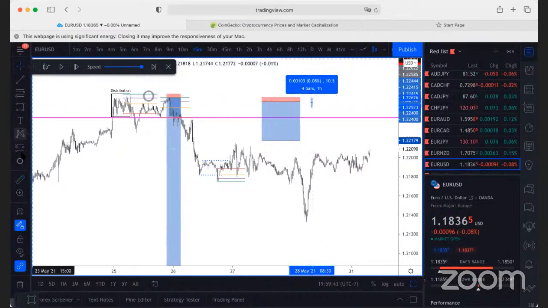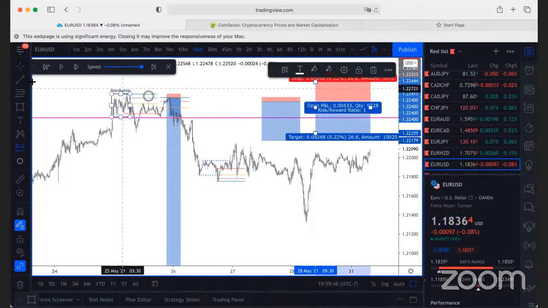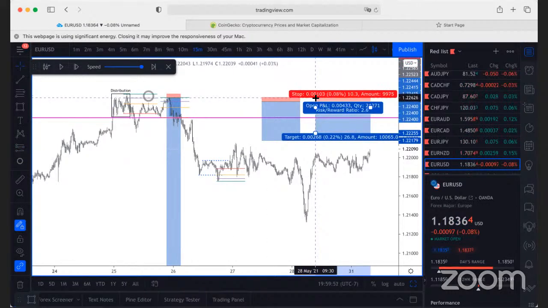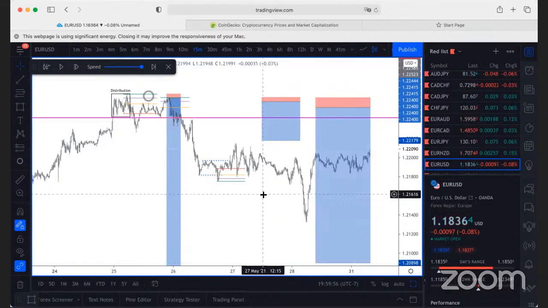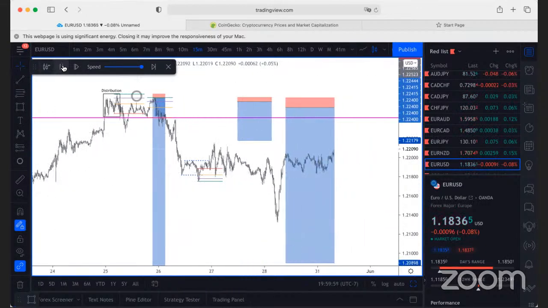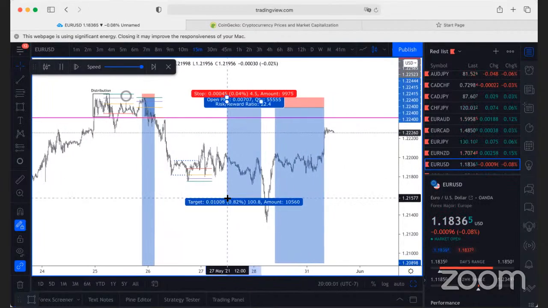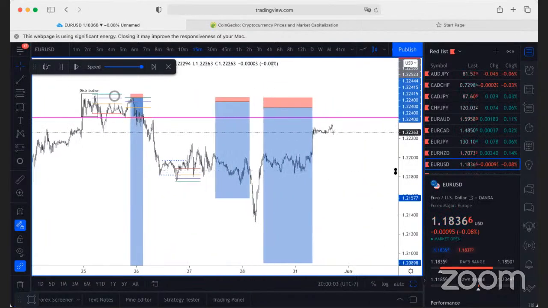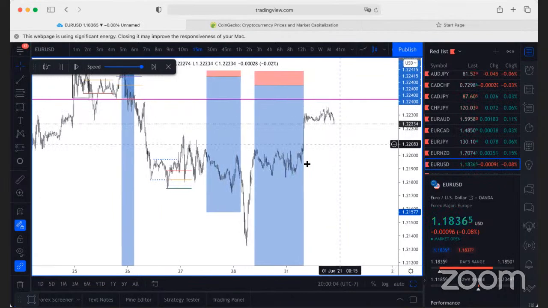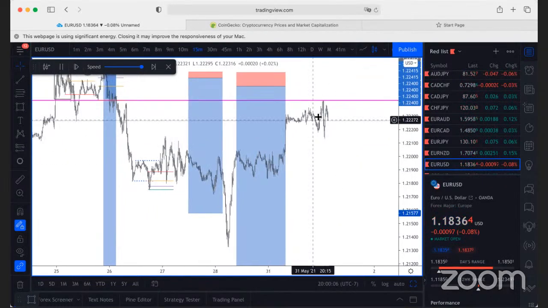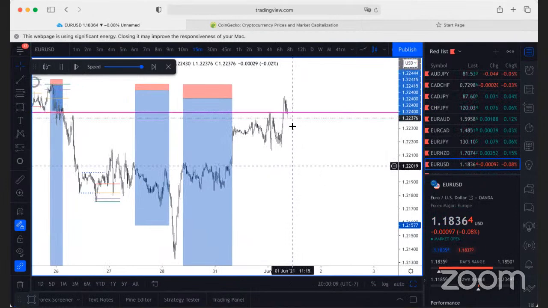So let's say we're splitting our risk. Can we tap into both? And it looks like it's starting to give us some type of distribution.